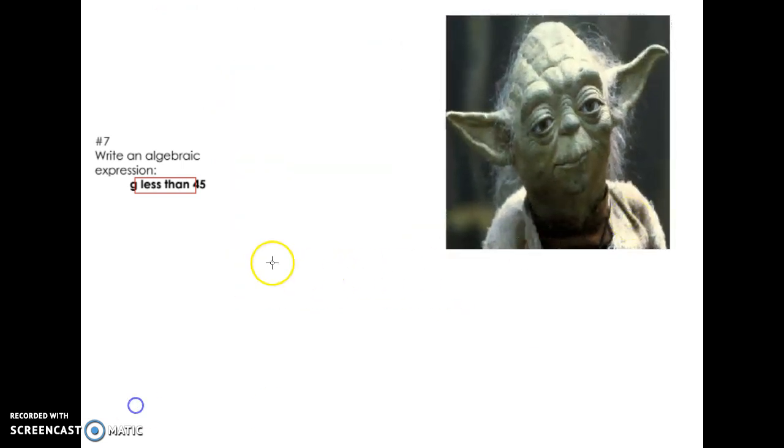He would be saying g less than 45. So we're going to flip these words around, because less than is a Yoda term. We're going to say 45 minus g. That's how we do this one. I'm only giving you this answer one time. Next time you guys are on your own. Think Yoda. Think of writing that backwards.